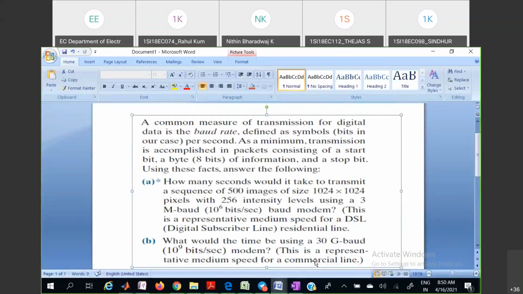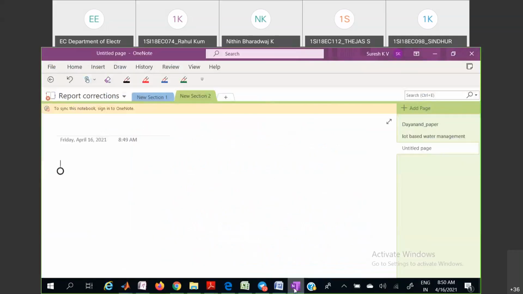So we will start with the question. You have 1024 cross 1024 pixels, and you use synchronization bits. So for each image, the number of bits is 1024 into 1024, the image size, into 2 plus 8.